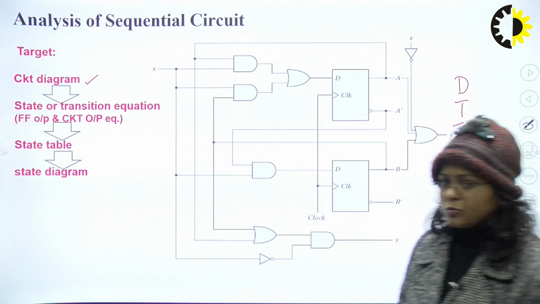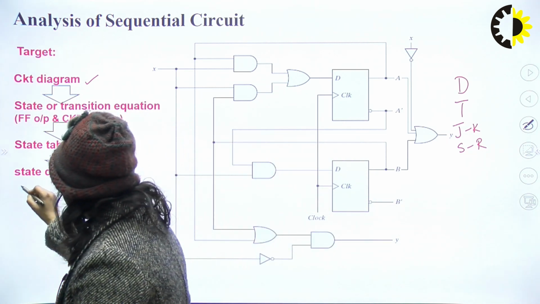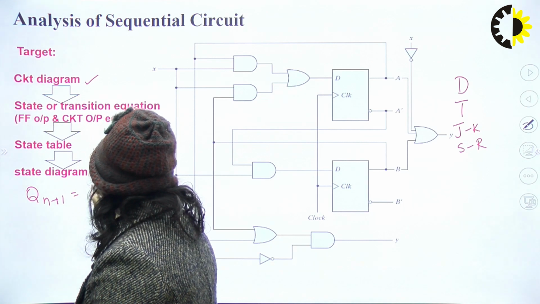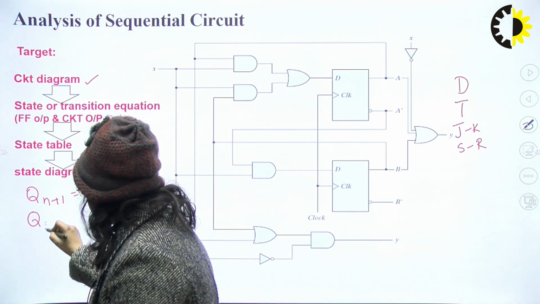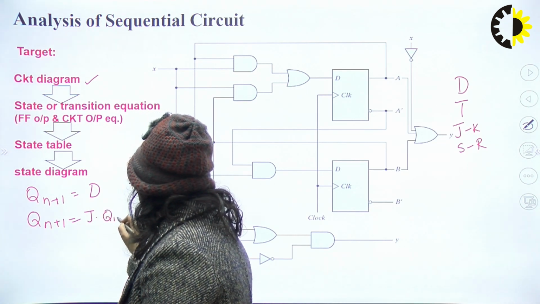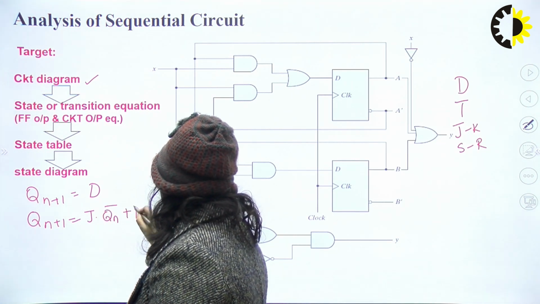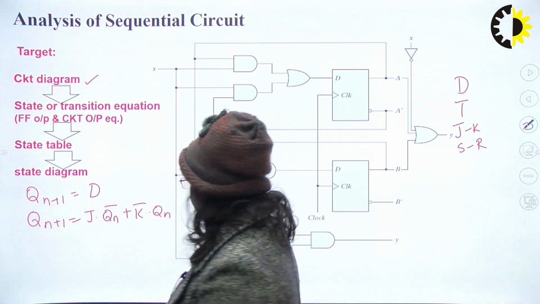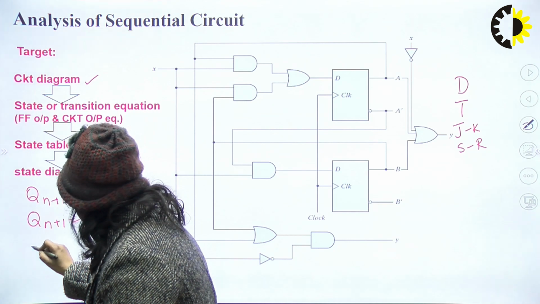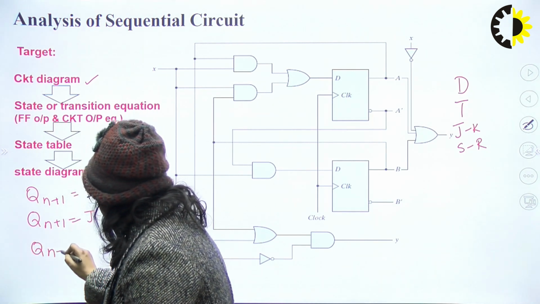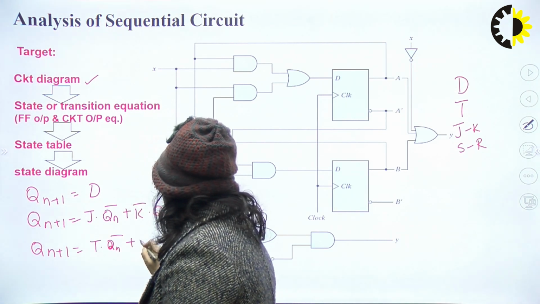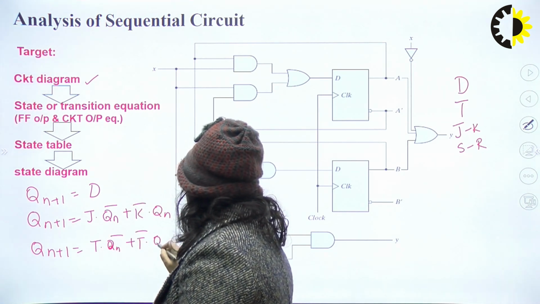So, for D flip-flop, we know that next state Qn plus 1 is equal to D. For JK flip-flop, the next state Qn plus 1 is nothing but J into Qn bar plus K bar into Qn. For toggle flip-flop, T flip-flop, it is T into Qn bar plus T bar into Qn.